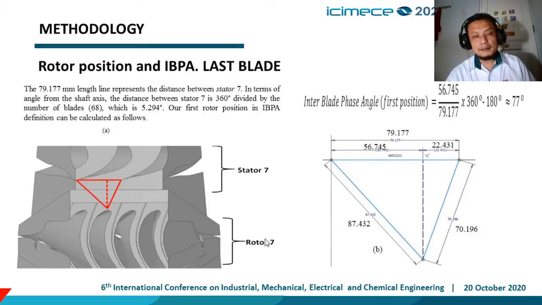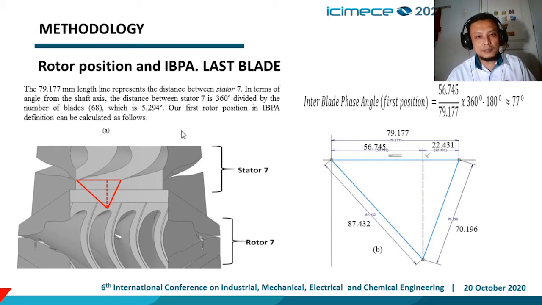Rotor position last blade. The 79.17 mm line represents the distance between stator 7. So this is in terms of angle from the shaft axis, the distance between stator 7 is 360 degrees divided by number of blades, which is 68, and the result is 5.29.